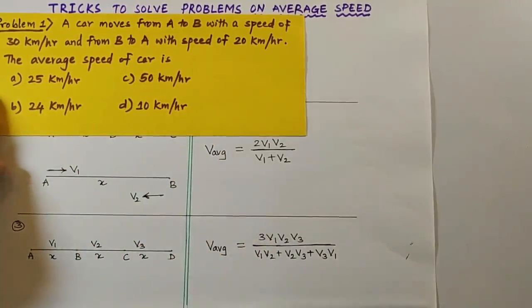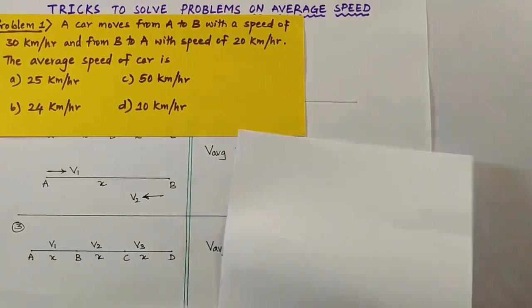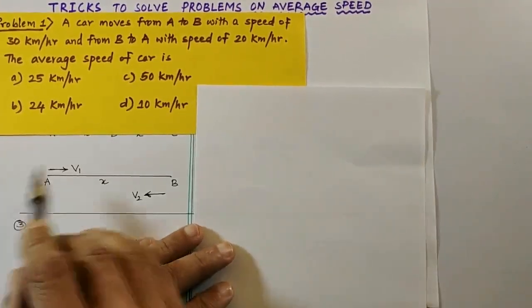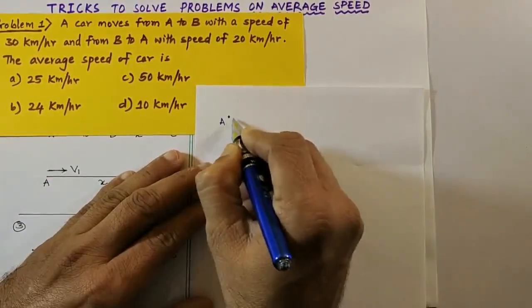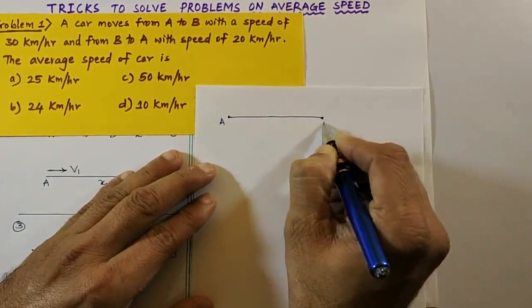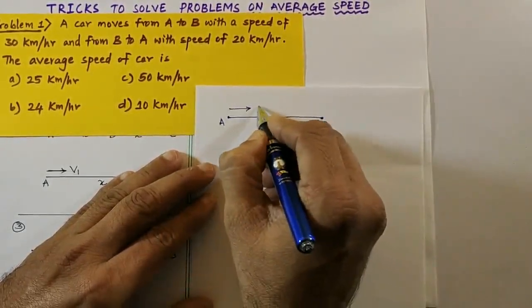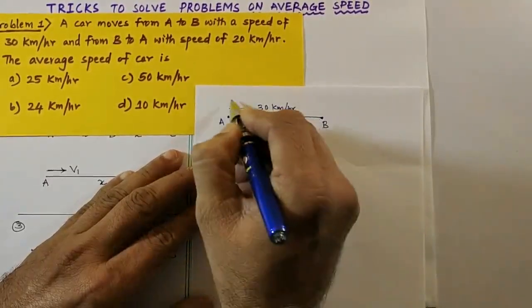Now if you see here, it is nothing but our second case, that is the body is moving from A to B. So A to B speed is 30 km per hour, which I will take as v1.